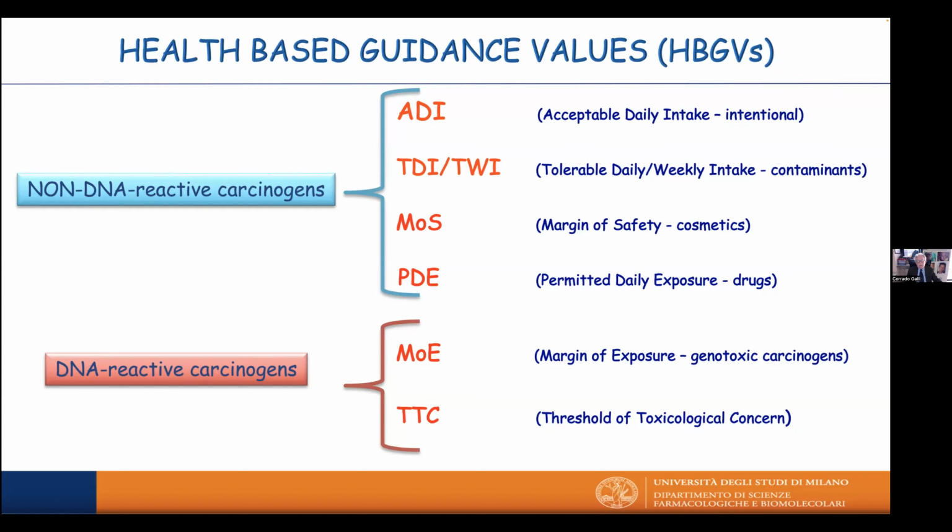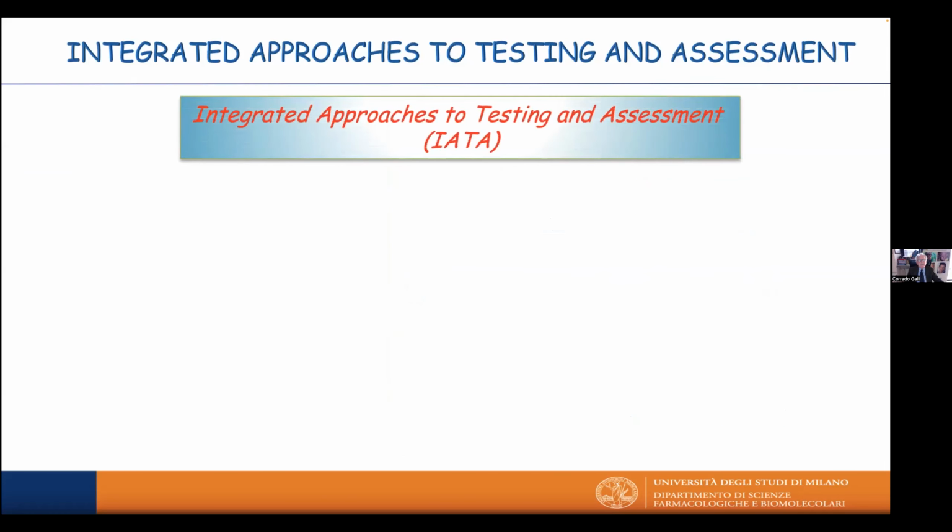TTC, the threshold of toxicological concern, is a bit different, but again it's a tool to anticipate, because TTC is something that you use on the basis of a chemical approach. That is something that we will discuss.